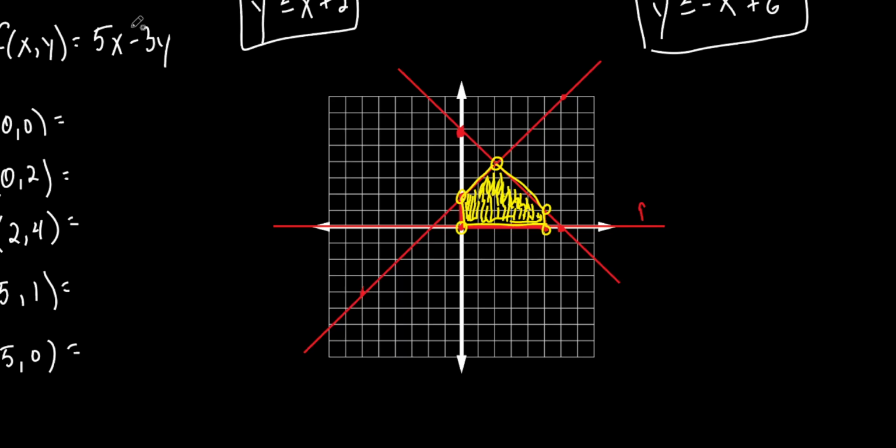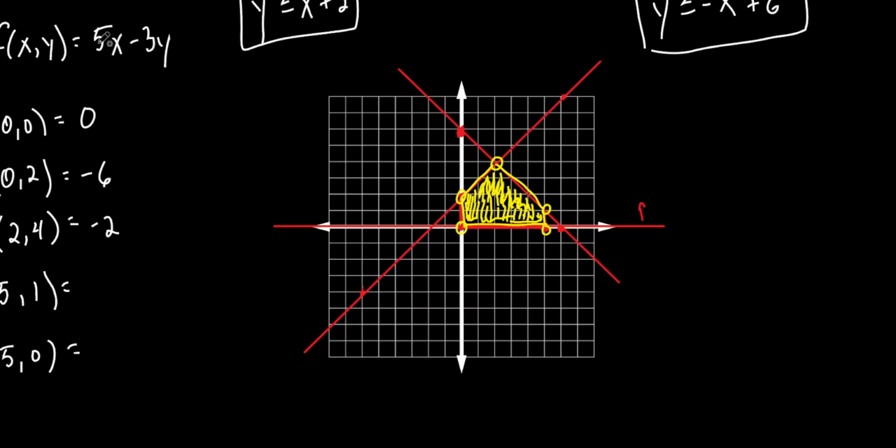If I do 0, 0, I get 5 times 0 is 0, 3 times 0 is 0, 0 minus 0 is 0. Did I say 0 enough times? Put 0, 2 in here. So 0 for the x, that's nothing. Put a 2 in there, that's a 6, negative 6. Yes? 2, 4. 2, that's a 10. 4, that's a 12. 10 minus 12 is negative 2.